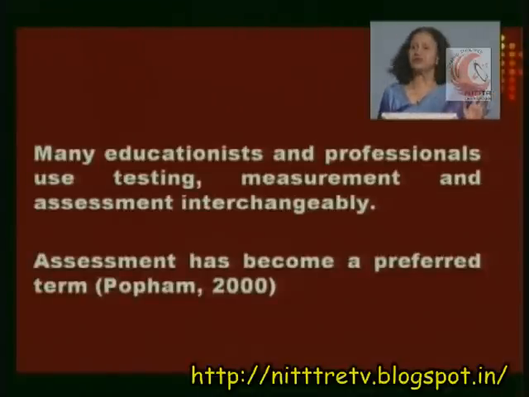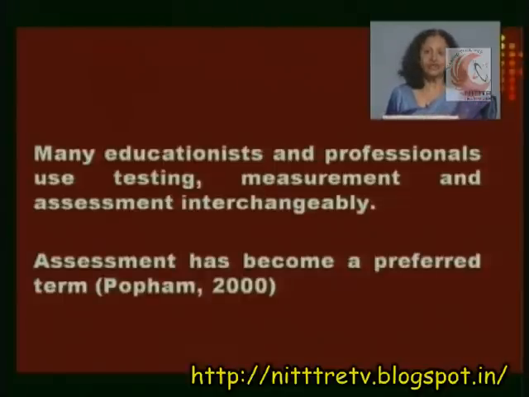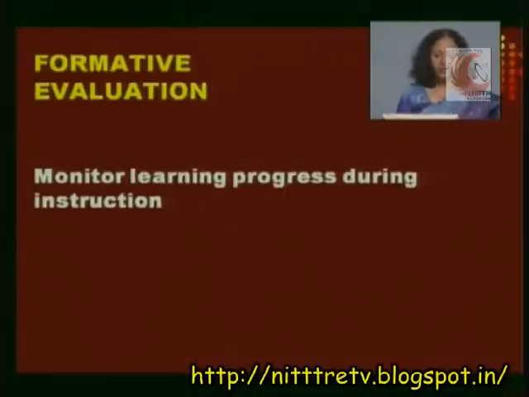Now, this was about the meaning of evaluation and the other related terms. Now, I come to the second thing, that is formative and summative evaluation. Formative evaluation is to monitor learning progress during instruction.